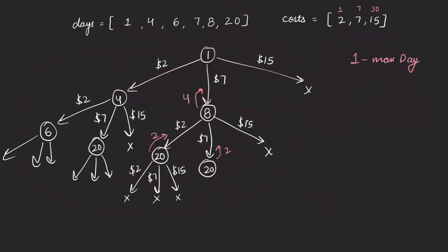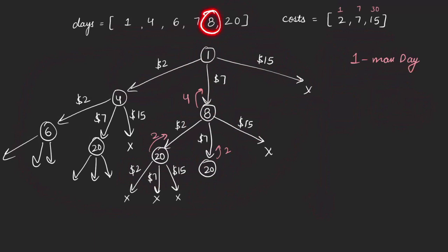And how are you going to identify what is the next day, right? So if you see at day 1, right, we know that if we buy a $7 pass, then it will be 7 days. So 1 plus 7, that is 8. 8 is the next day. But you will first have to check, do I need to travel on day 8 or not? So you will come to this array and check, is 8 present in the array or not?